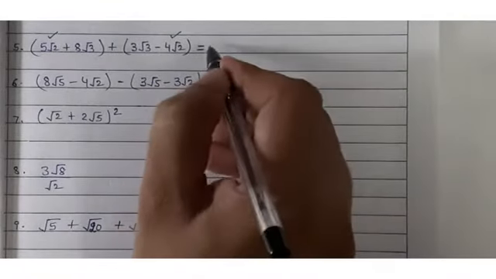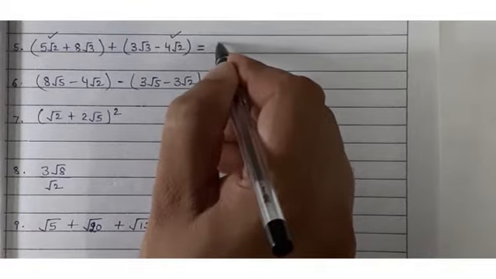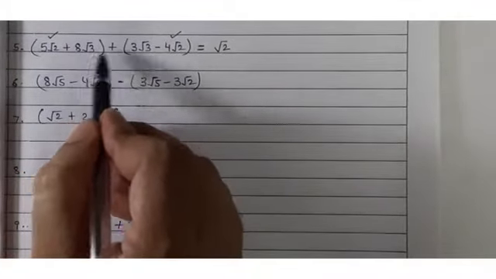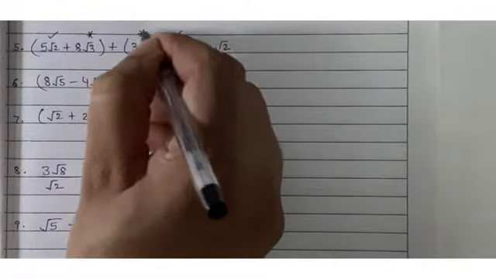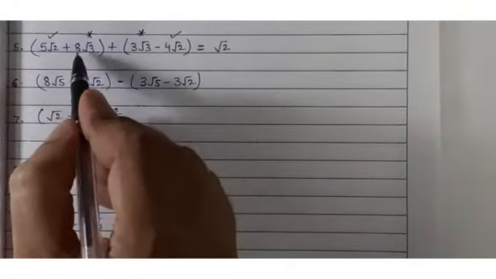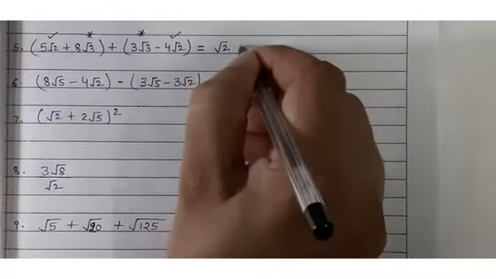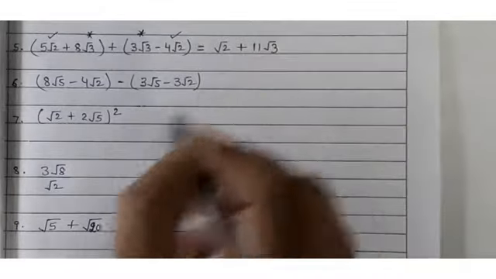If we subtract, then what will come? 5 minus 4 is 1 and under root 2, so I am writing only root 2. Then you see, this is root 3 and here is root 3. These two are again which type of terms? Like terms. So 8 root 3 plus 3 root 3, this will be plus 11 root 3.